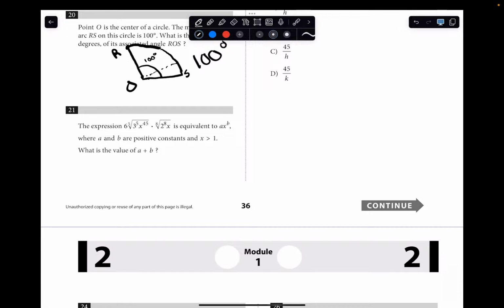The expression that is equivalent to AXB, where A and B are positive constants and X is greater than 1. What is the value of A plus B? This one is kind of bonkers.